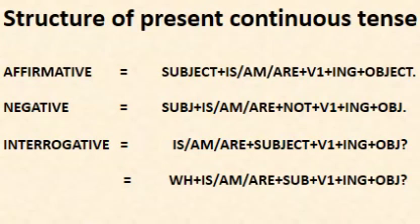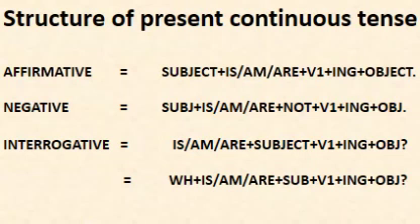So students, in my last slide I told you about the helping verb and main verb. Now we will learn about the structure of present continuous tense. Okay students, if we know the structure, we can form any sentence.